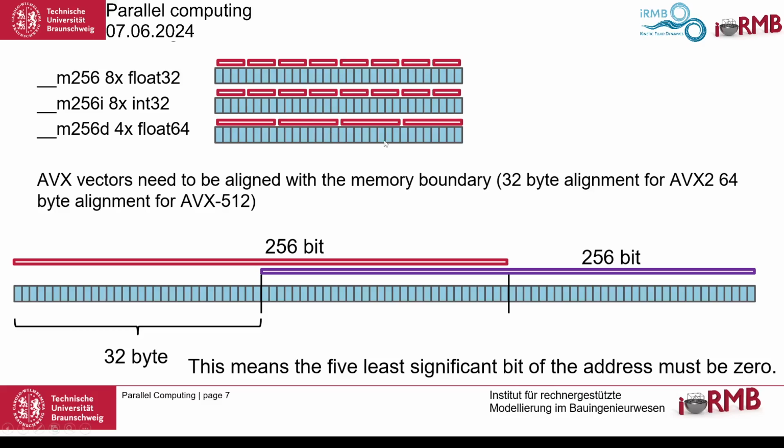Yeah, that's correct. So by 32 bytes, this means that the 5 least significant bits must be 0 in your address space.